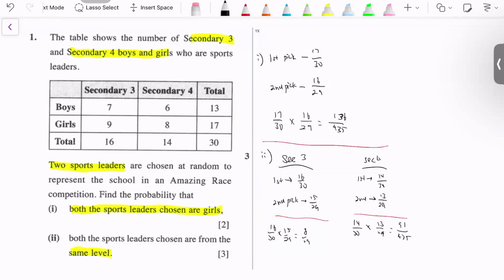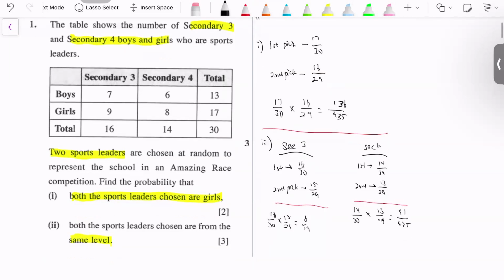And ultimately, since both are possible, we add both probabilities together, which gives us 8 out of 29 plus 91 out of 435, which would give us 211 out of 435. So the probability of us getting both leaders from the same level is 211 out of 435. Okay?